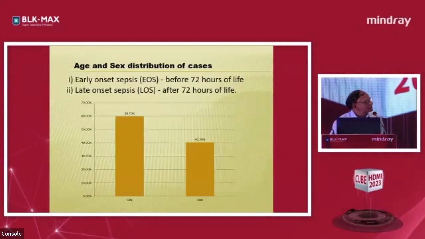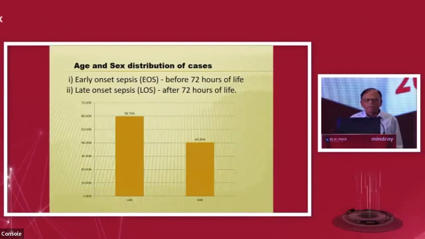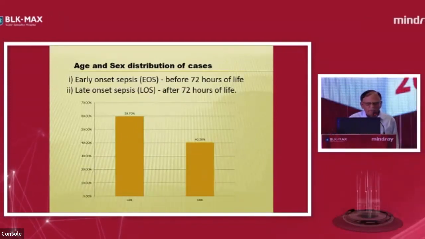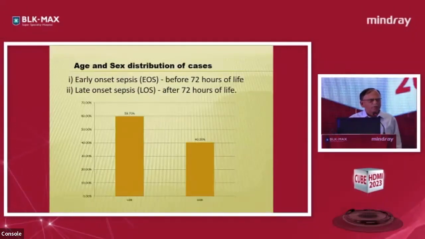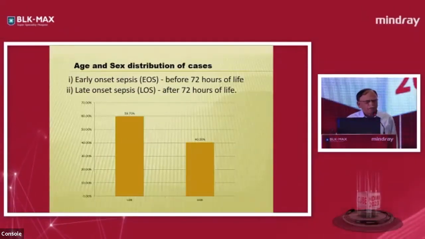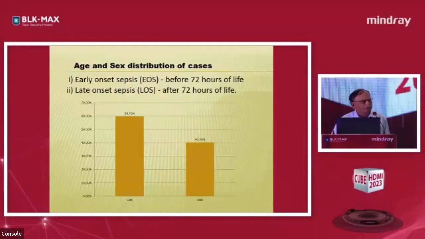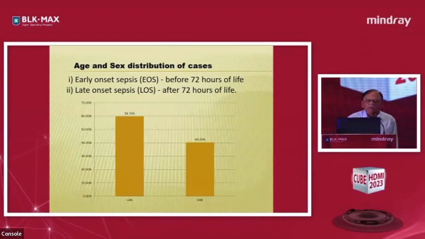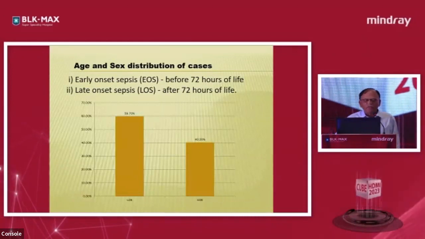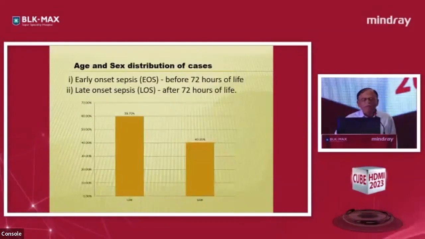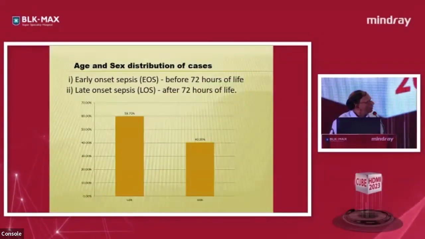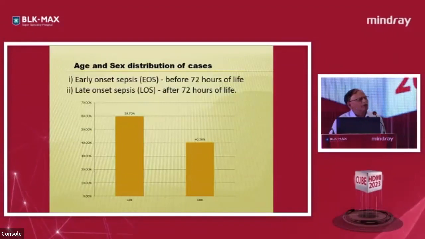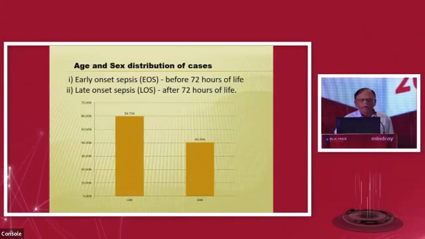Now the age and sex distribution of the cases. As you all know, early onset sepsis occurs before 72 hours of life and late onset sepsis after 72 hours of life. We had 59.7% late onset sepsis and 40.2% early onset sepsis in our study.